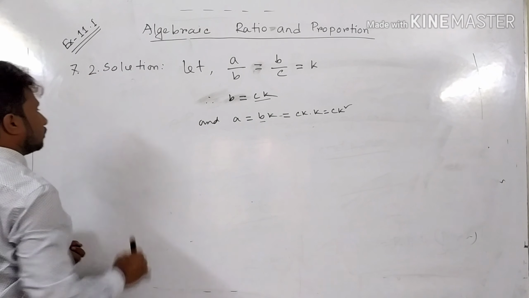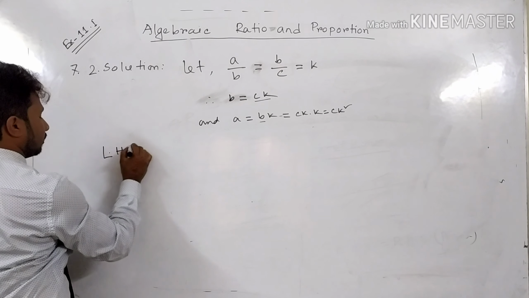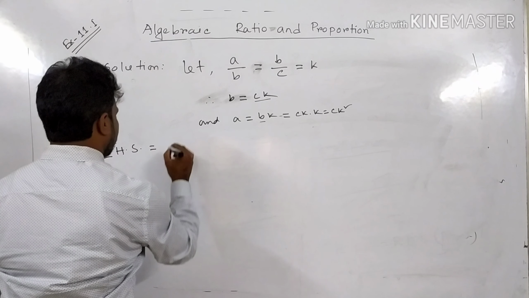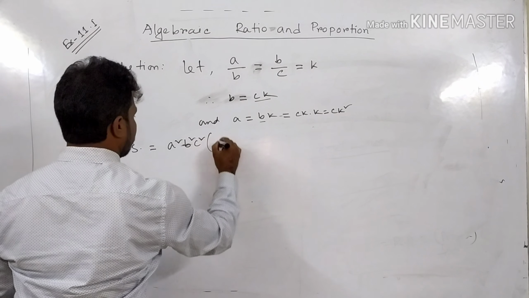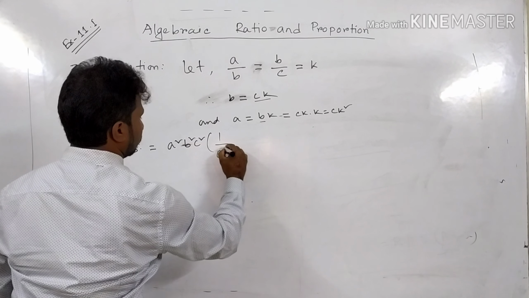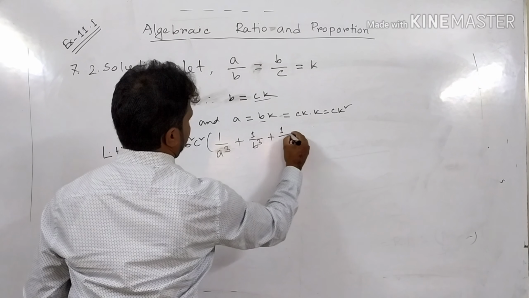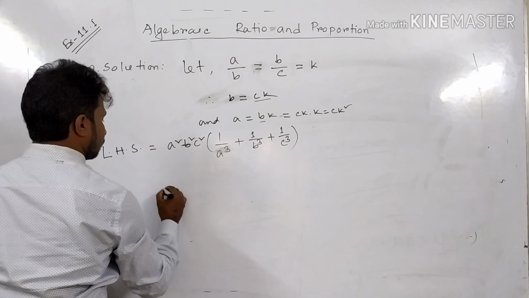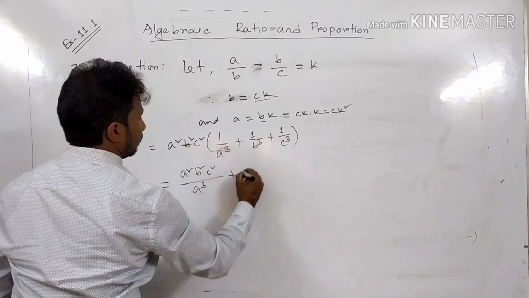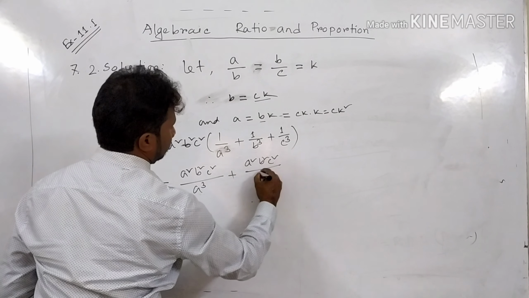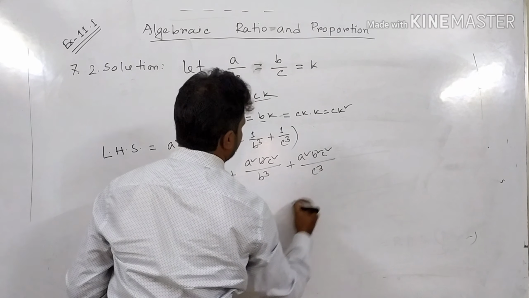Number 2, left hand side equals a square b square c square into 1 by a cube plus 1 by b cube plus 1 by c cube, which is a square b square c square divided by a cube, b square c square divided by b cube, a square b square c square divided by c cube.